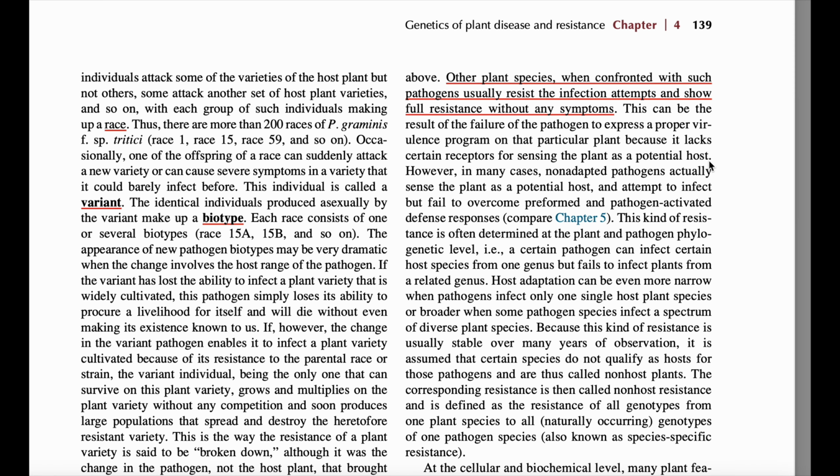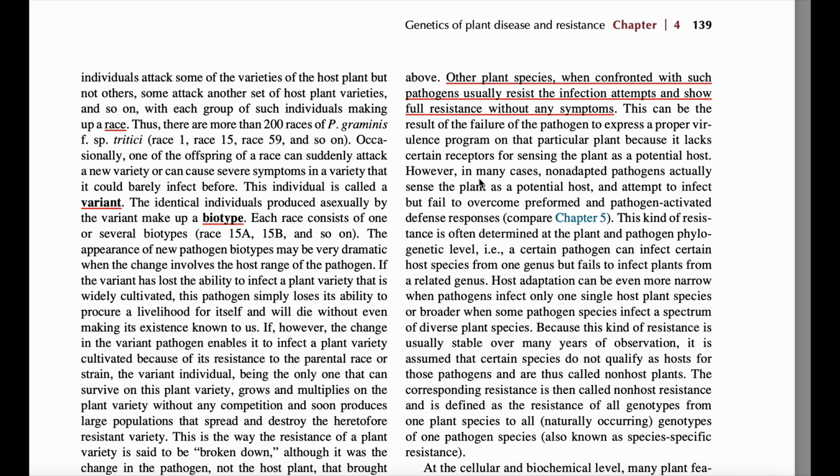For example, Uromyces causes rust in beans and pulses. Even if both Puccinia and Uromyces are rust pathogens, if Uromyces attacks wheat, it will not cause the disease. Similarly, if Puccinia attacks pulse crops, it will not cause disease, right? So this is host specificity.